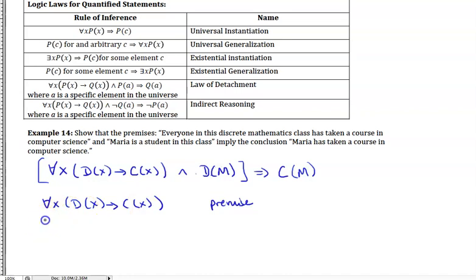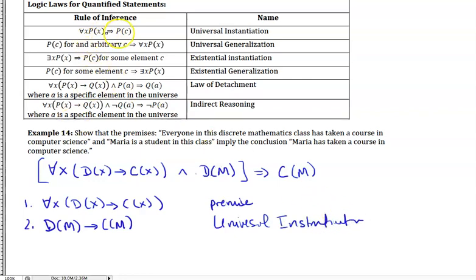And then we're going to say that this implies: if D of M, then C of M. This second statement comes directly from the first statement by universal instantiation.